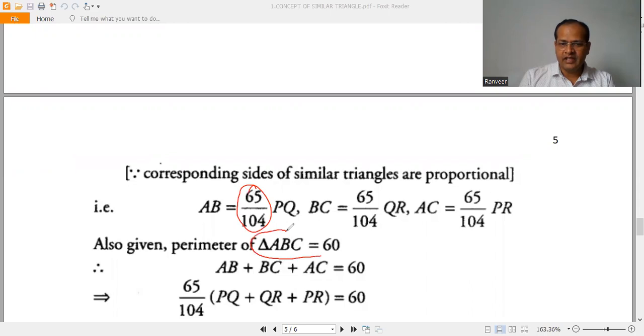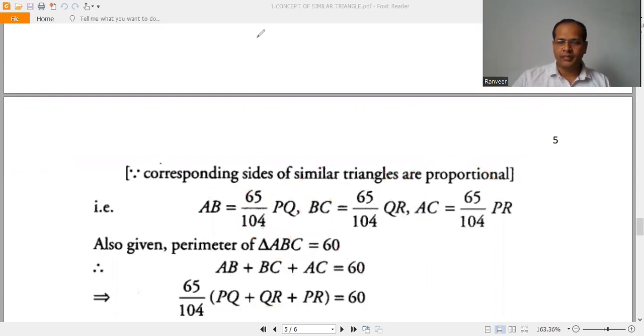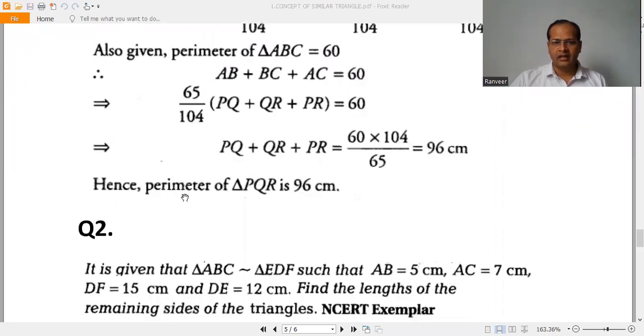Now triangle ABC perimeter is 60. After that, we just substitute the value, and these are the sides of the other triangle. Once we add and solve this, we get the values of PQ, QR, and PR, and the sum of these is 96 centimeters.